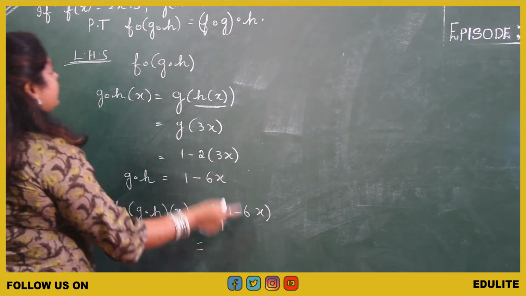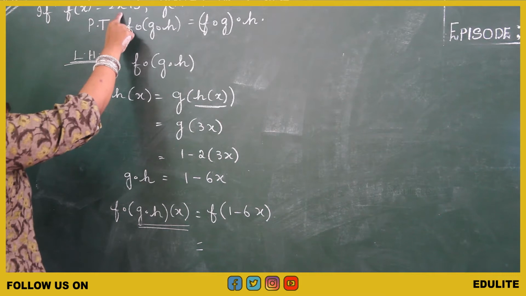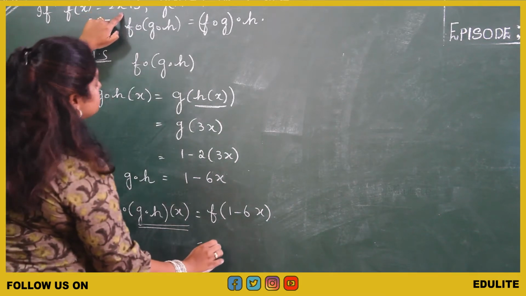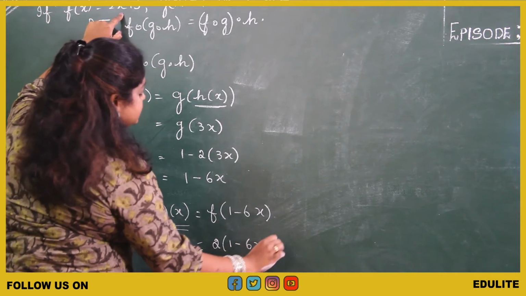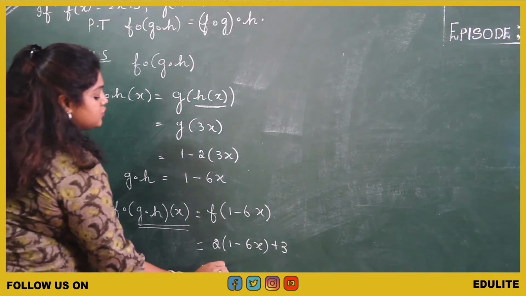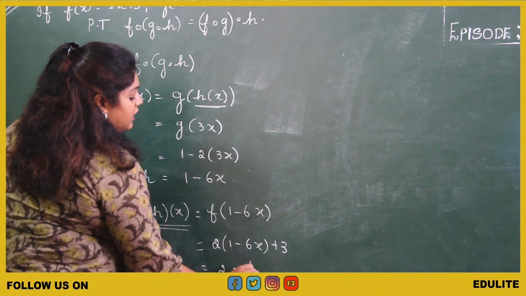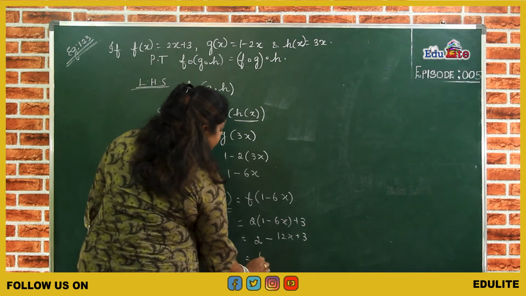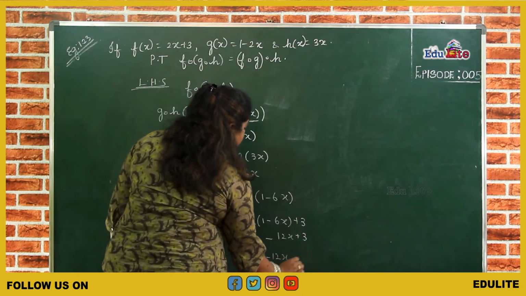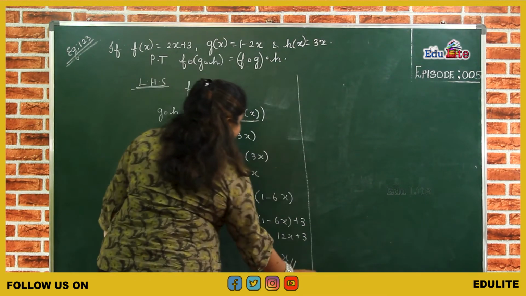In place of x we have to substitute 1 minus 6x. So in f of x I am going to use 2 into 1 minus 6x plus 3, and simplifying this: 2 into 1 is 2, 12x plus 3, 3 plus 2, 5 minus 12x. So we got the left hand side as 5 minus 12x.